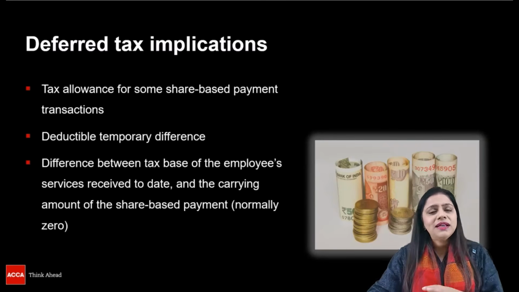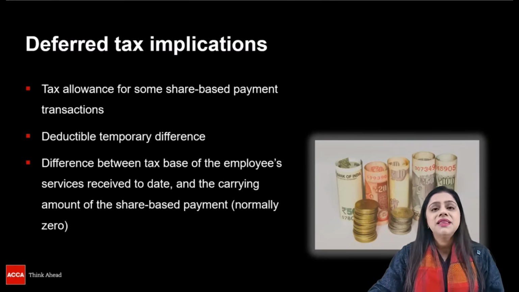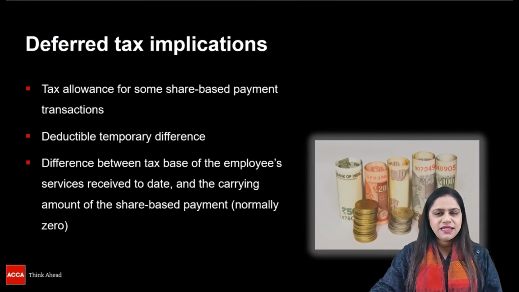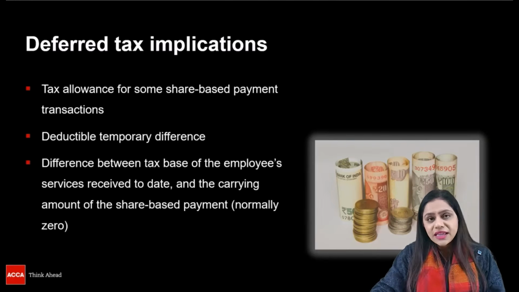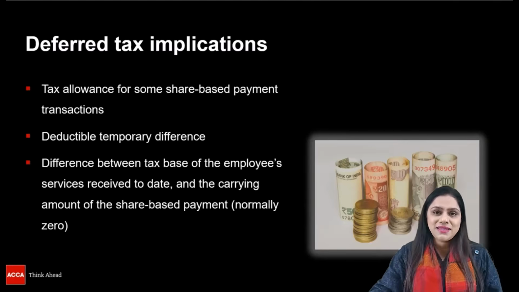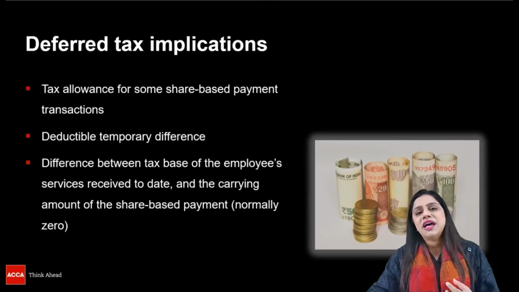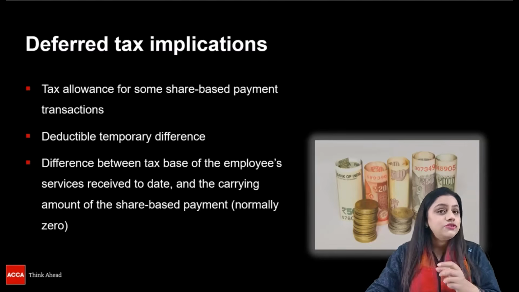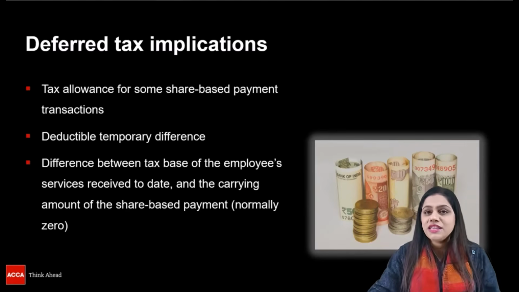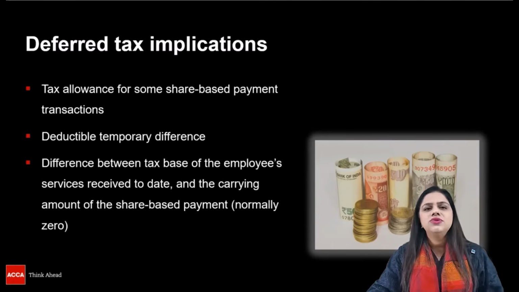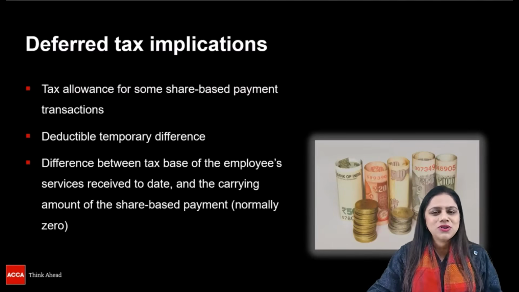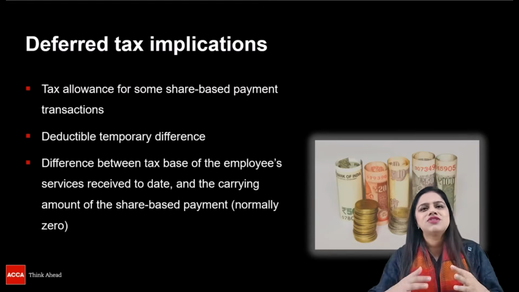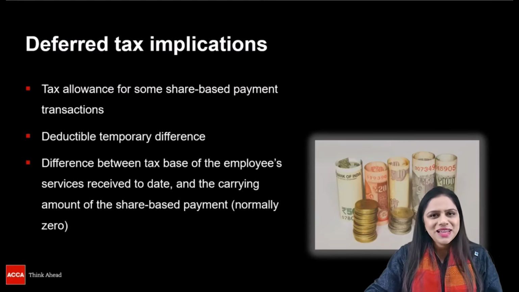So, when we compare it with the tax base, the deductible temporary difference arises, which leads to the recognition of a deferred tax asset. So this is one of the few scenarios in which commonly the deferred tax asset arises, and then you have to apply all the rules of IAS 12 to see whether your company is actually eligible to recognize the deferred tax asset or not. So this is a very interesting mix of IFRS 2 and IAS 12.